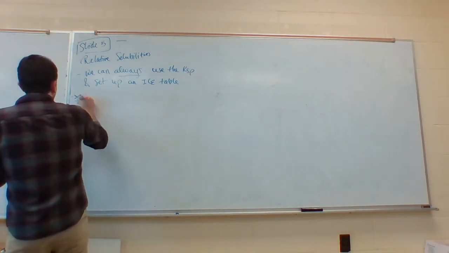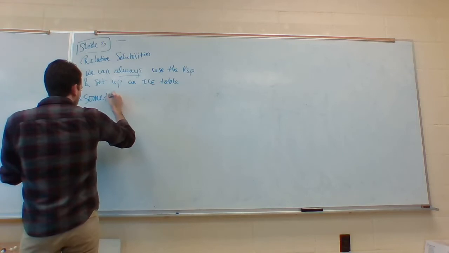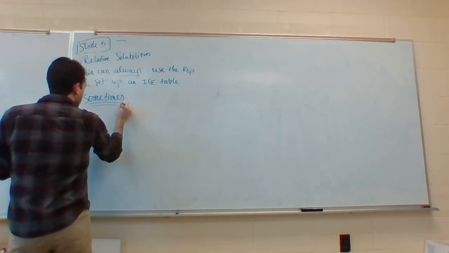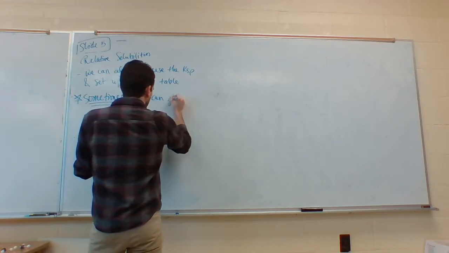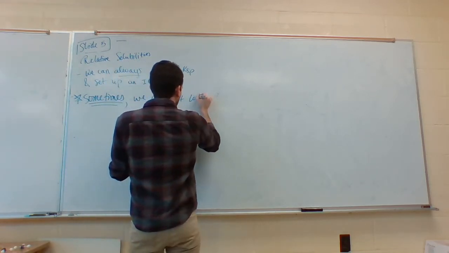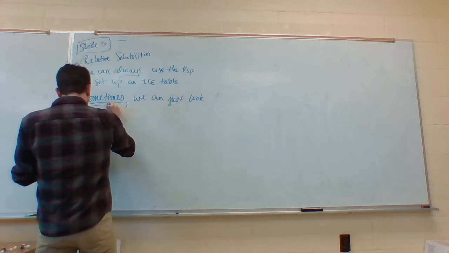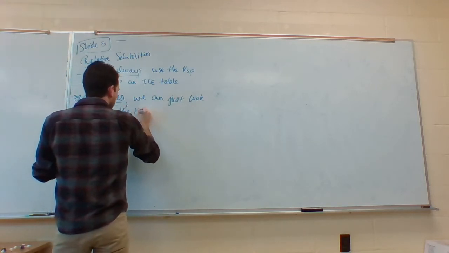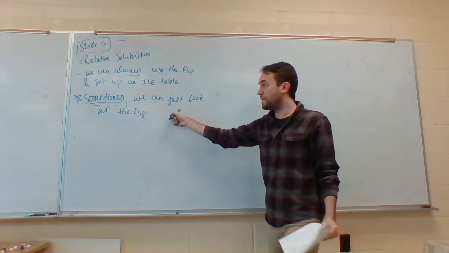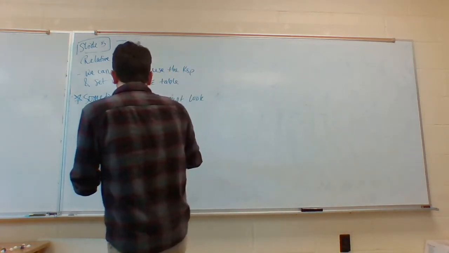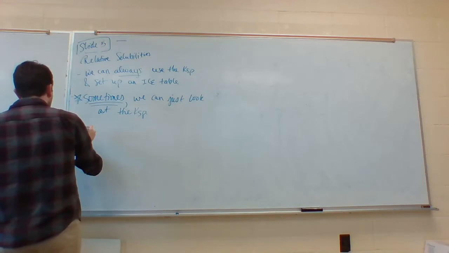Or, and I stress this, sometimes we can just look at the Ksps. You cannot always do this, but sometimes we can. I'll explain how we know when we can do that.